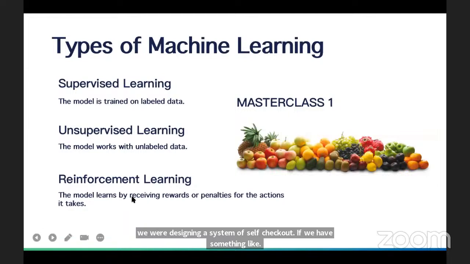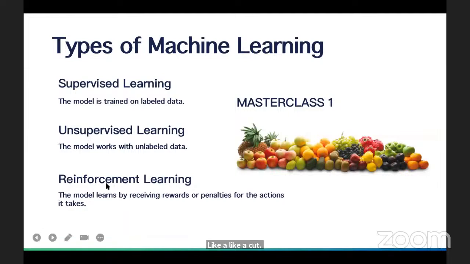In reinforcement learning, the model learns by receiving rewards or penalties for the actions it takes. We are not training the model with pre-labeled data; it learns from the data itself through rewards and penalties. We covered these three types in Masterclass 1, and we know the basics of machine learning.